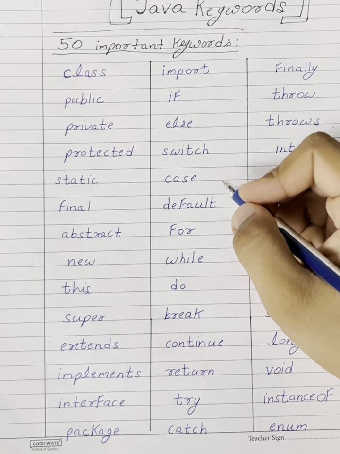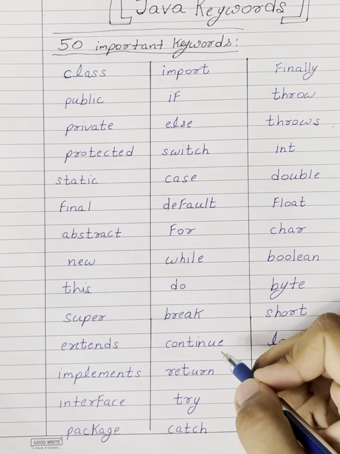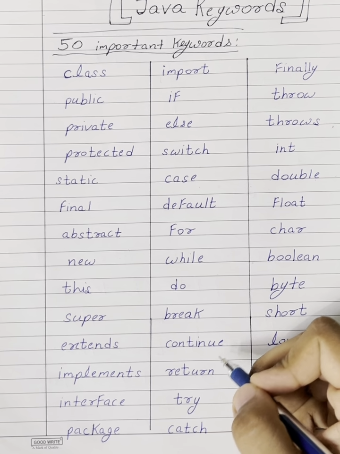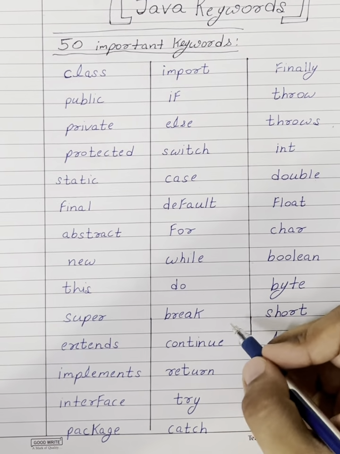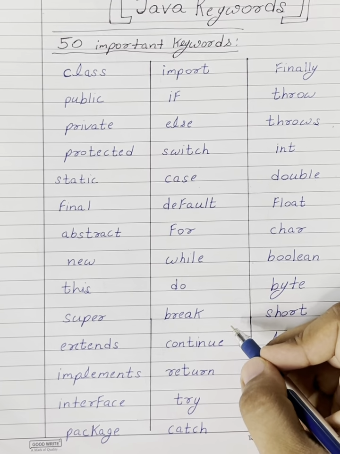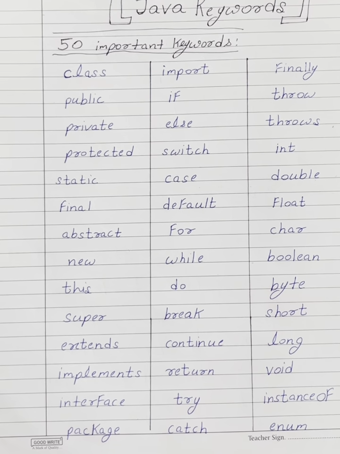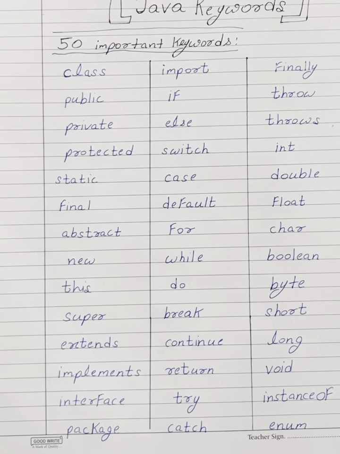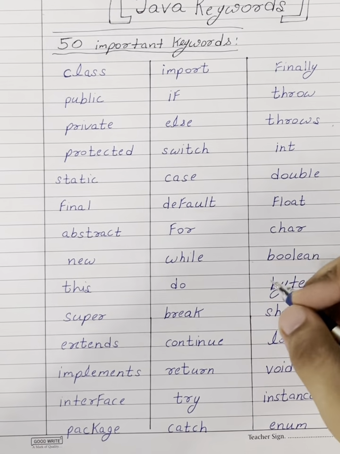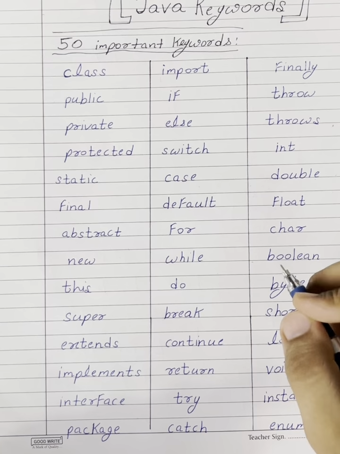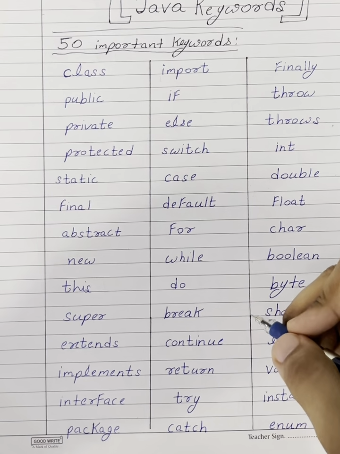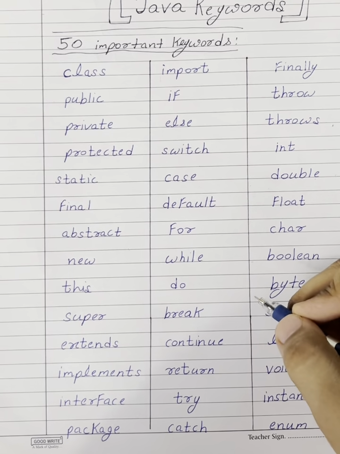Now let's talk about the continue statement. Guys, this continue statement is used to skip the remaining statements of the current iteration, and it immediately moves to the next iteration, unlike the break statement, which completely terminates the loop.